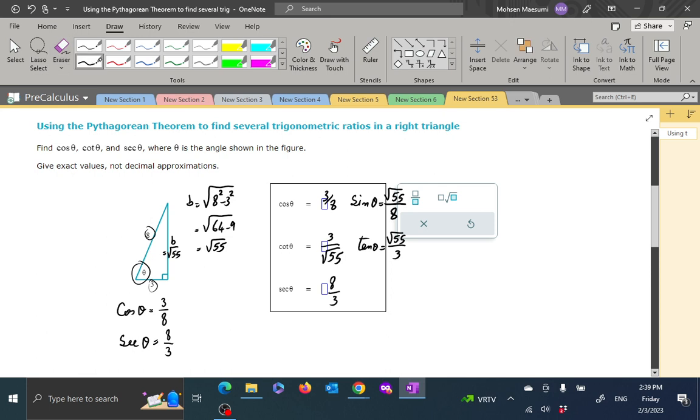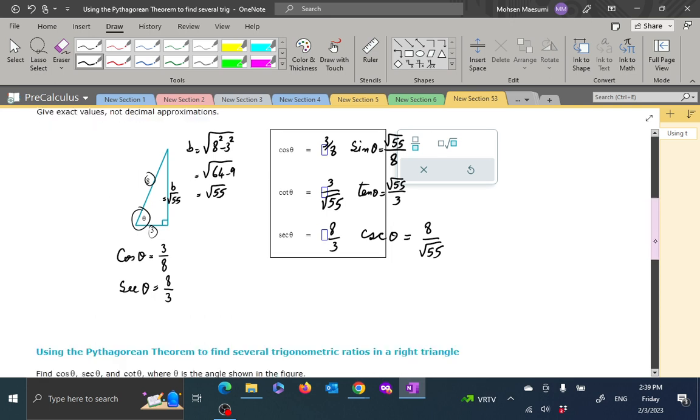So we have sine, cosine, tangent, cotangent, secant, and cosecant is the one that I should have been writing here. Cosecant of theta is the ratio of hypotenuse to the opposite. That's the reciprocal of sine, so that's 8 over radical 55.